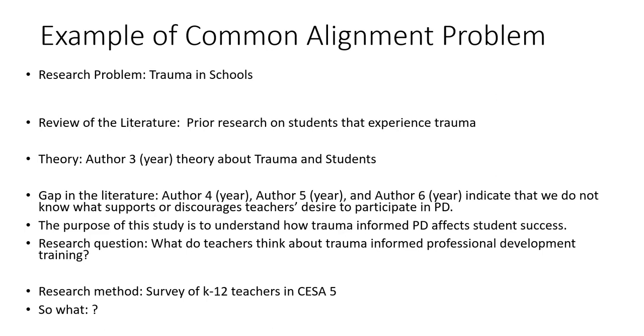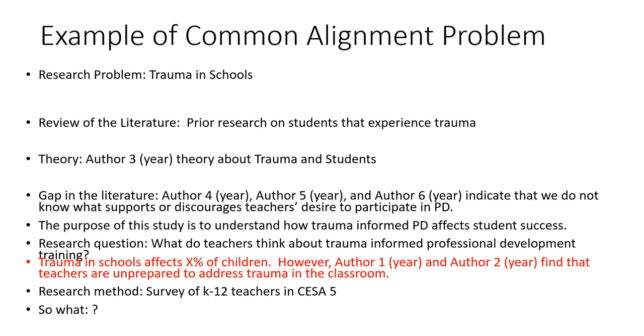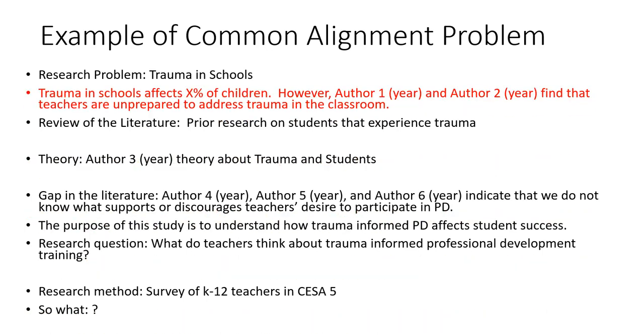So what you need, in this case, is a research problem that is focused on teacher preparation to address trauma in the classrooms. And so the example in red is a research problem that is actually going to match or align with the purpose of the study.